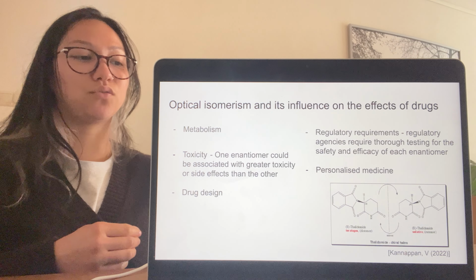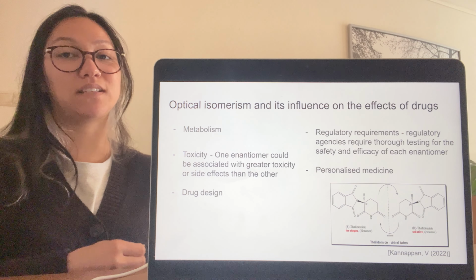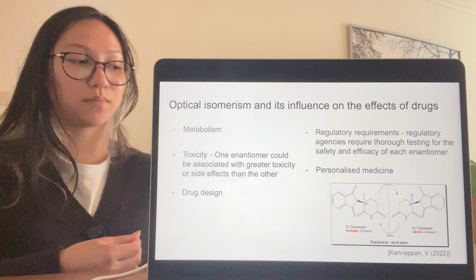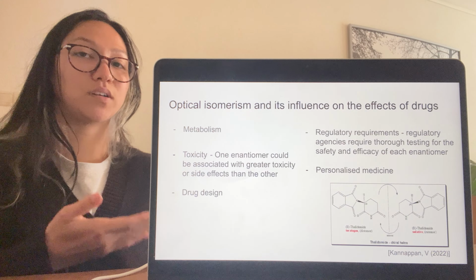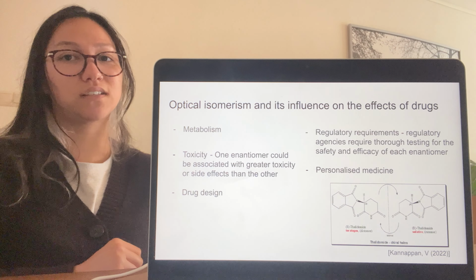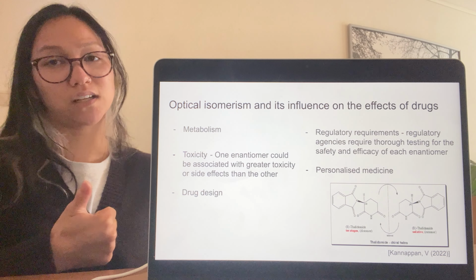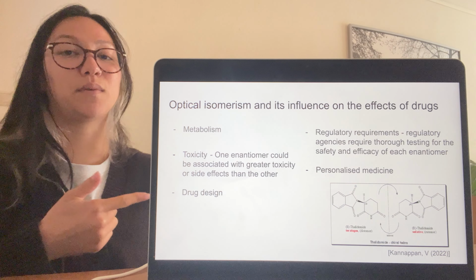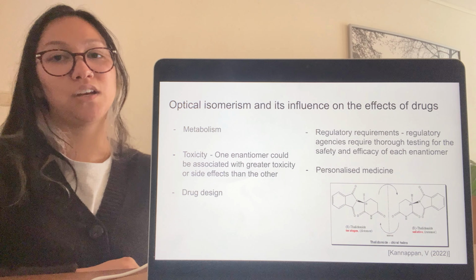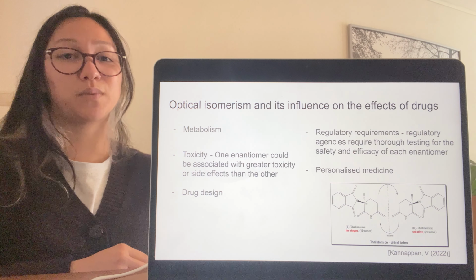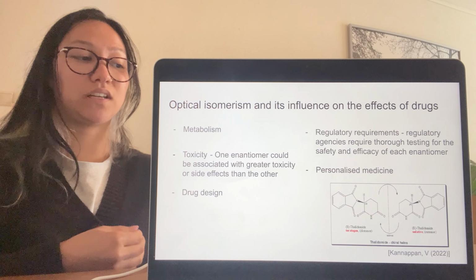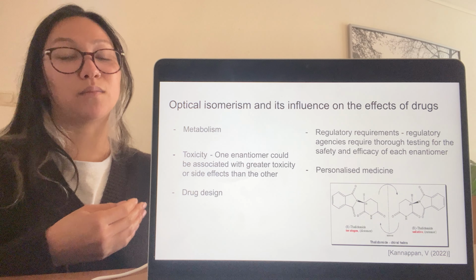This is due to the R enantiomer metabolizing into the S enantiomer, and the S enantiomer is the one that causes the birth defects. So not only did we have the S enantiomer in there, we also had the R enantiomer metabolizing into the S. So the drug was essentially 100% S enantiomer and essentially 100% causing the birth defects.